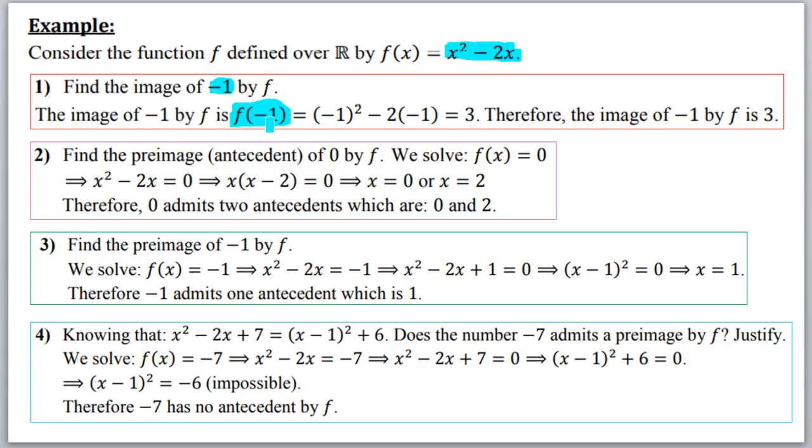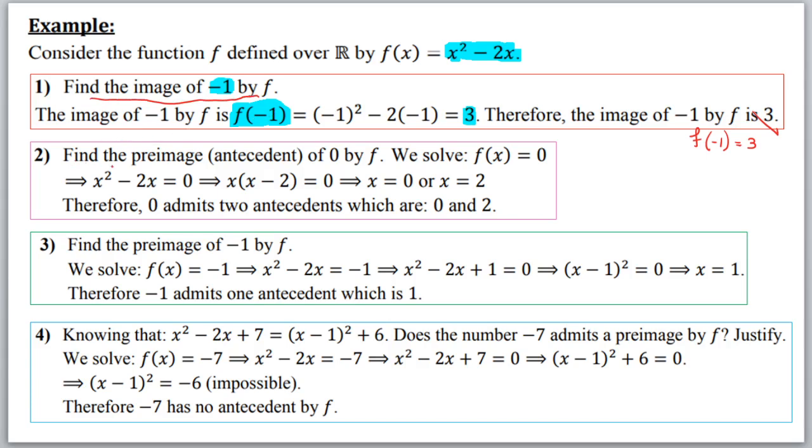I substitute x by minus 1. Every x I remove and put minus 1 instead. So it will be minus 1 squared minus 2 into minus 1, and we calculate and get 3. Therefore the image of minus 1 by f is 3. In different words, f of minus 1 equals 3. This is how to find the image of a number by f.